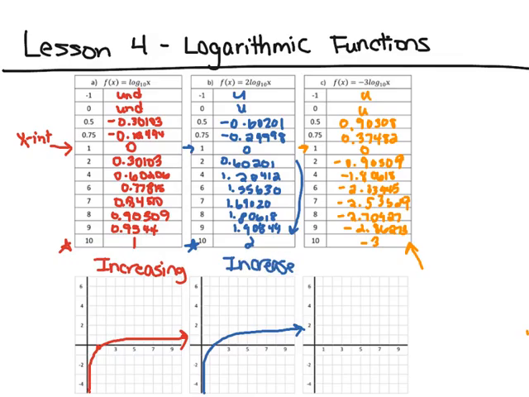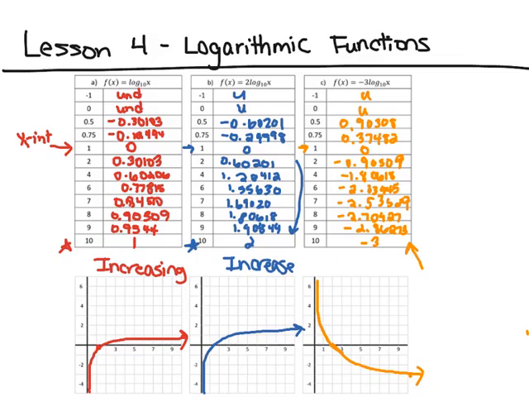And the last one starts up and it's going to hug the x-axis. It's going to go through the point 1, and then down here it's going to go through negative 3. So that's what this logarithm would look like.